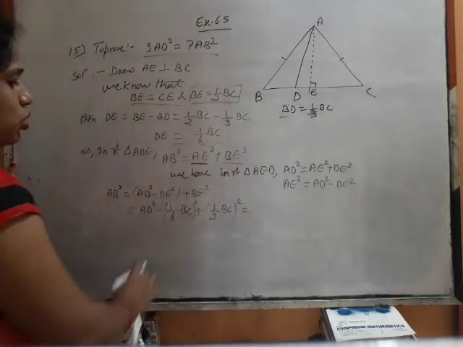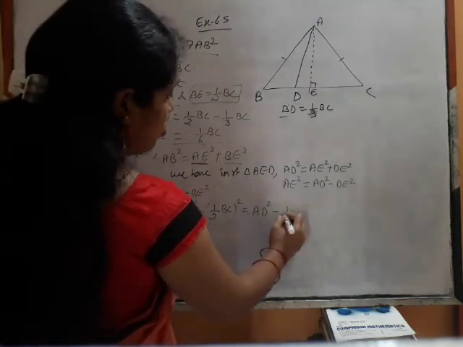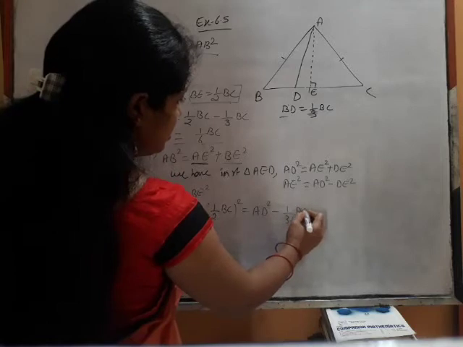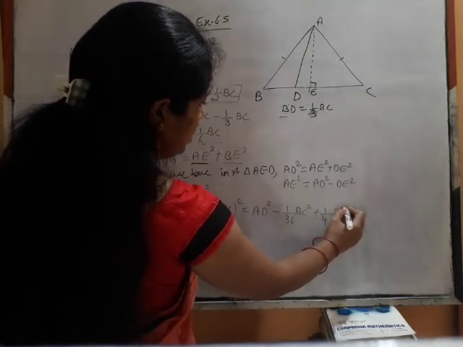So it is equal to AD square minus 1/36 BC square plus 1/4 BC square.